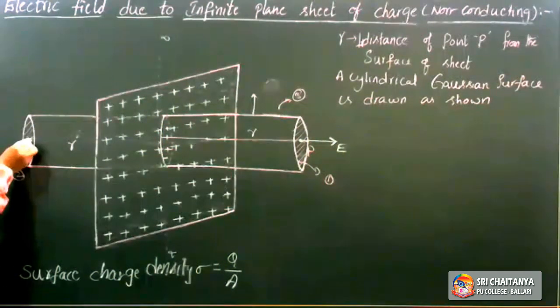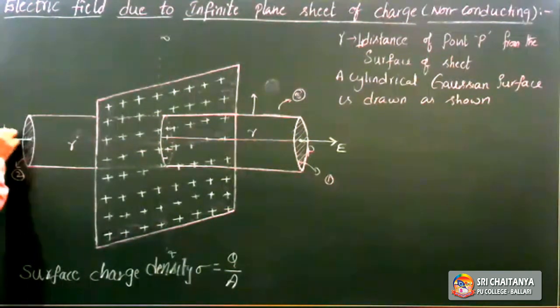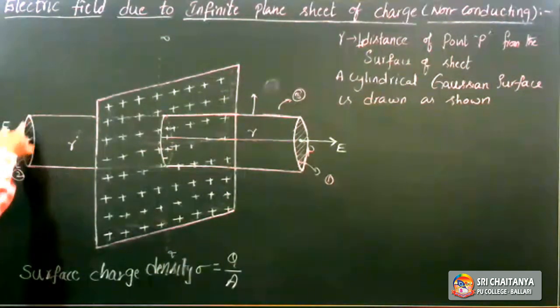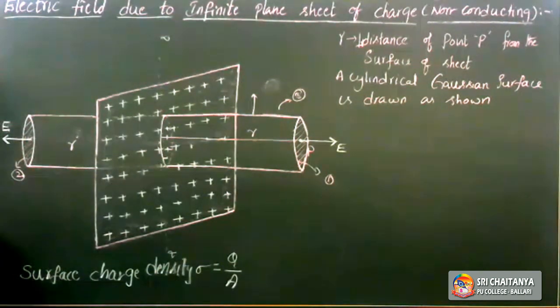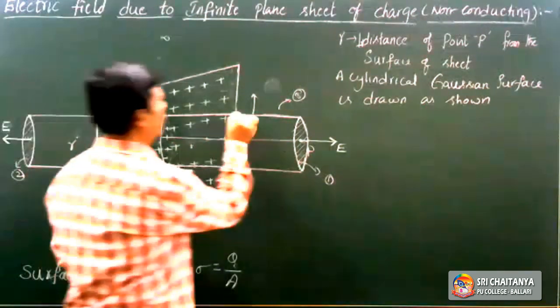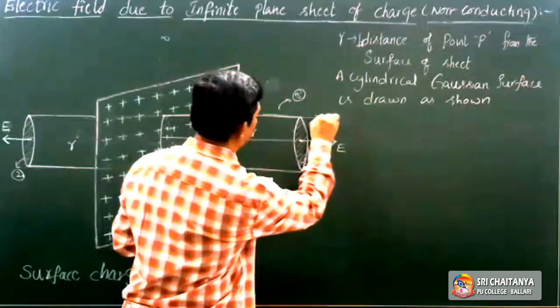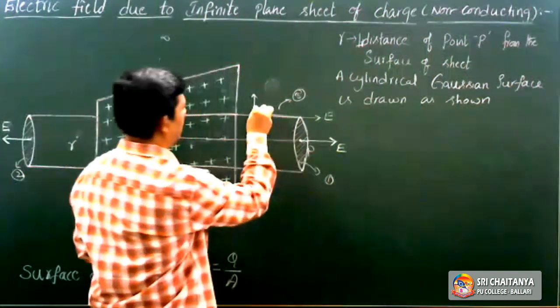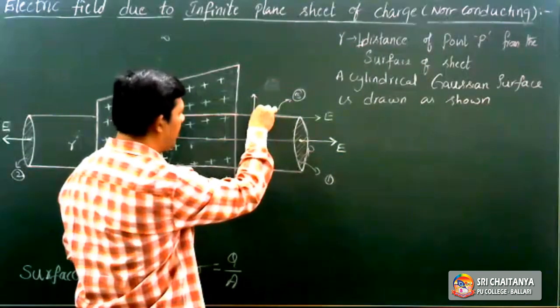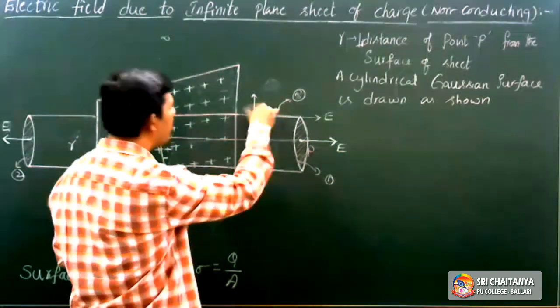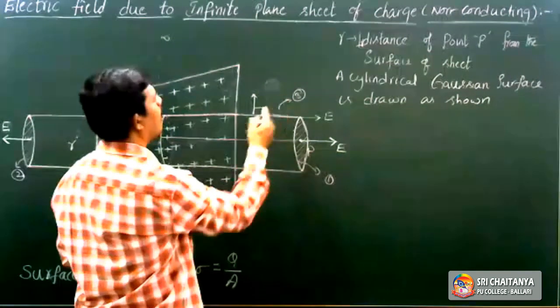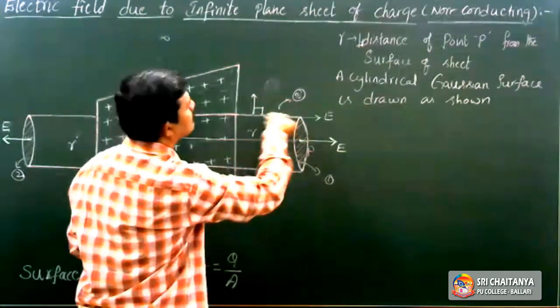Here also, the electric field is perpendicular to the plane, right? Perpendicular to this flat surface. And anywhere here, the electric field is parallel to this curved surface.